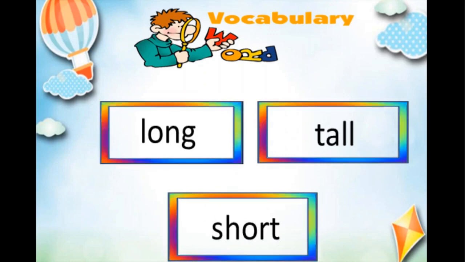Short. Long, tall, short. These three words are important words when we talk about measuring the length and the height of objects or people.